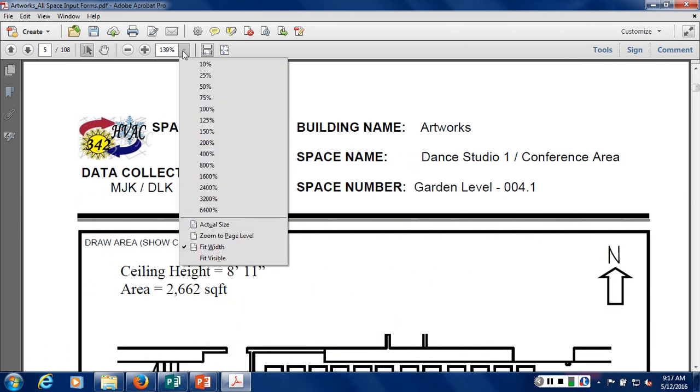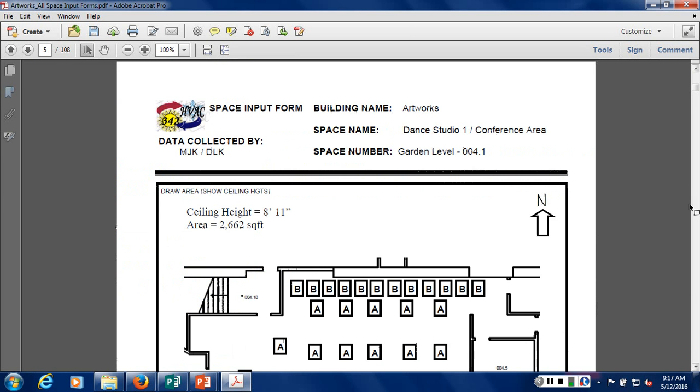Now, this data collection sheet should look relatively familiar. Basically, on the top, it has the name of the building you're working on. Under space name, it gives the space name and possibly what its function is. And then under space number, in this case, it gives you a level identifier and the specific room identifier.